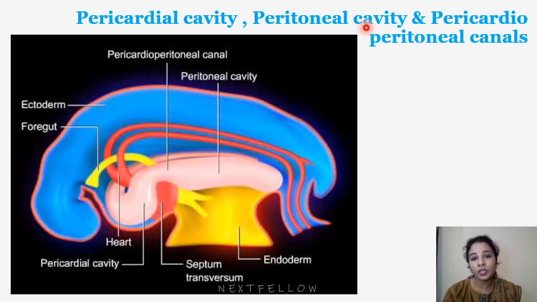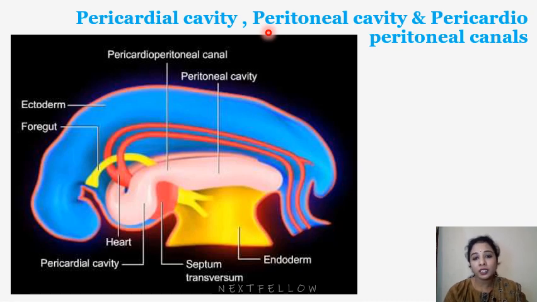So with the enlargement of the lung buds, these canals also expand and form pleural cavities later on in life. So the lateral extensions of the pericardial cavity form the future pleural and peritoneal cavities. The distal end of these lateral extensions continues with the extraembryonic coelom, and these communications are seen at the lateral edges of the embryonic disc.